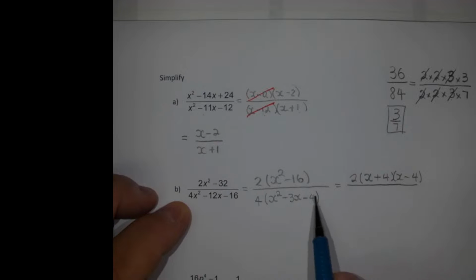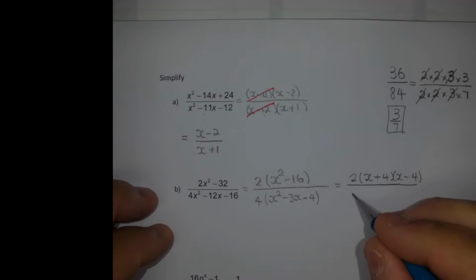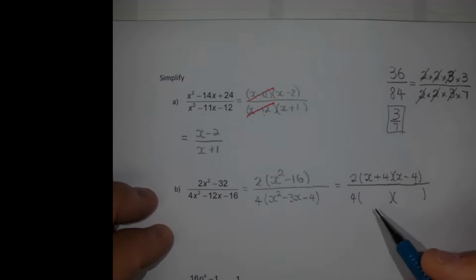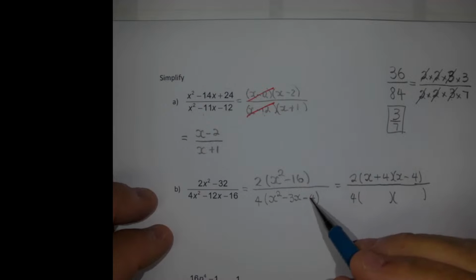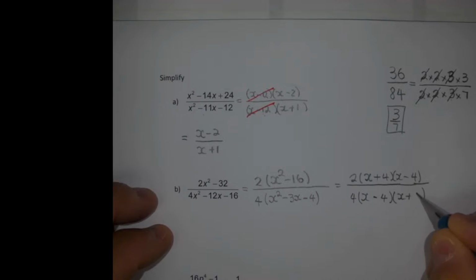Now I realize that what I have inside the bracket is a trinomial, so I'm going to attempt to factorize that trinomial, and I know that I can. I'm not going to get into detail. You can go back in the video and find out how to factorize trinomials in more detail. So I find two factors of minus 4 that add up to negative 3, so those will be x minus 4 and x plus 1.